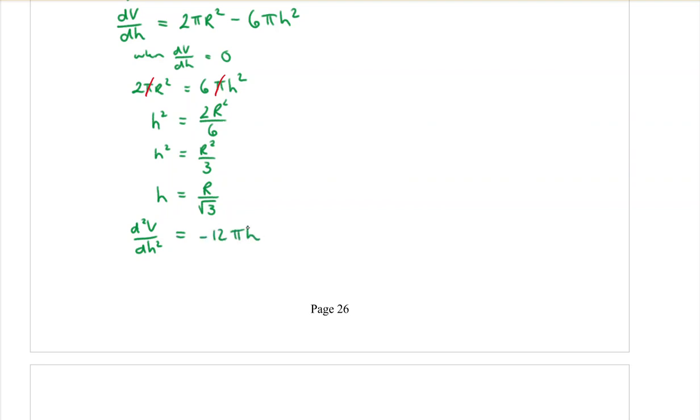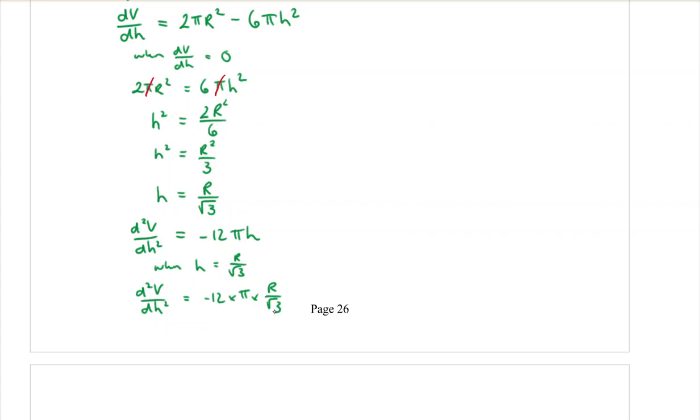Sub in my h. So when h is equal to r over root 3, I get d squared v over dh squared equals minus 12 times pi times r over root 3. Now, we can't really work that out because we don't know what r is, but this is positive, and this is negative.